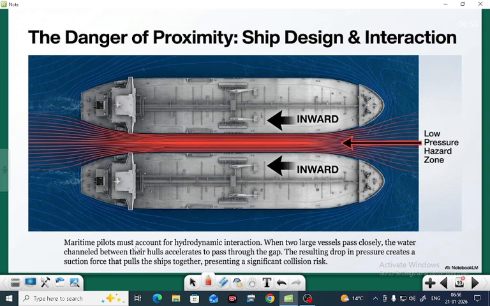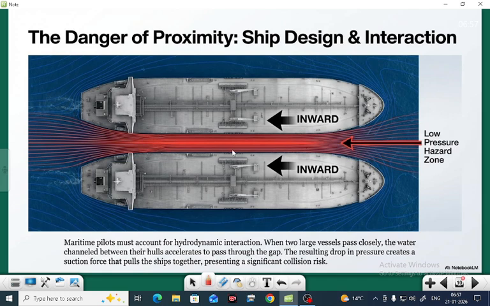Maritime pilots must account for hydrodynamic interaction. When two large vessels pass closely, the water channel between their hulls accelerates to pass through the gap. The resulting drop in pressure creates a suction force that pulls the ships together, presenting a significant collision risk. So the danger of proximity, ship design and interaction.